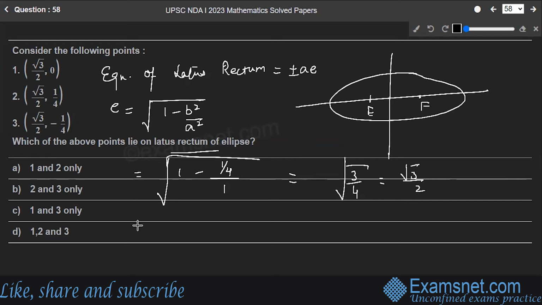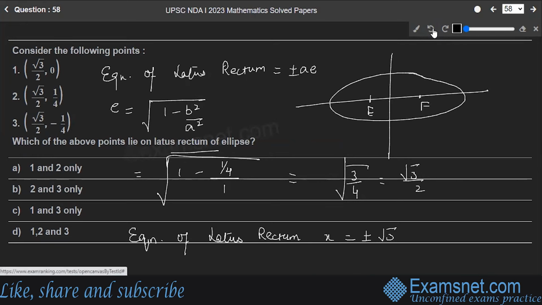So that means the equation of latus rectum will be x is equal to plus minus root 3 by 2. Right? So if I denote it over here, this is the latus rectum, L dash. This is the latus rectum.